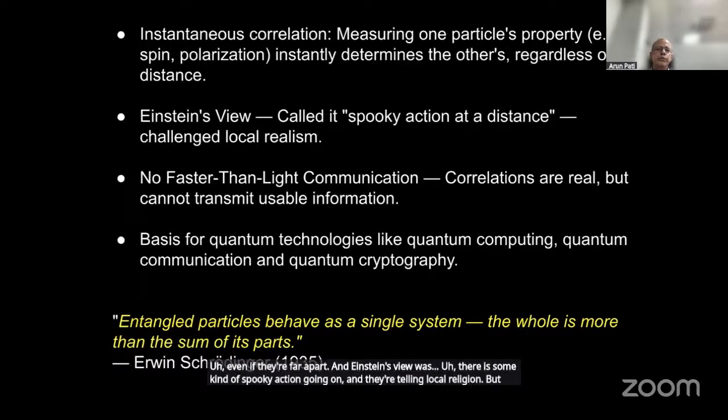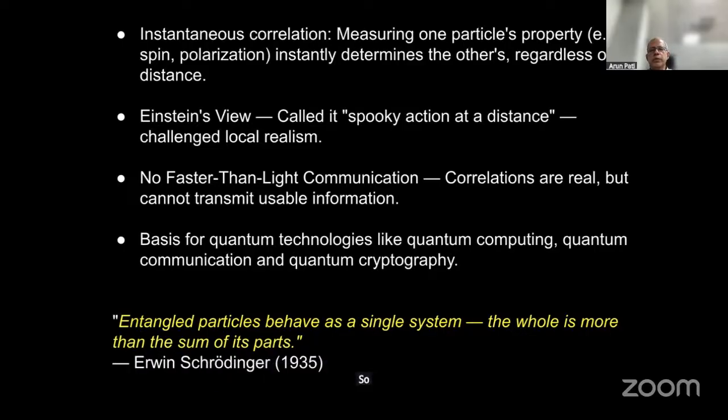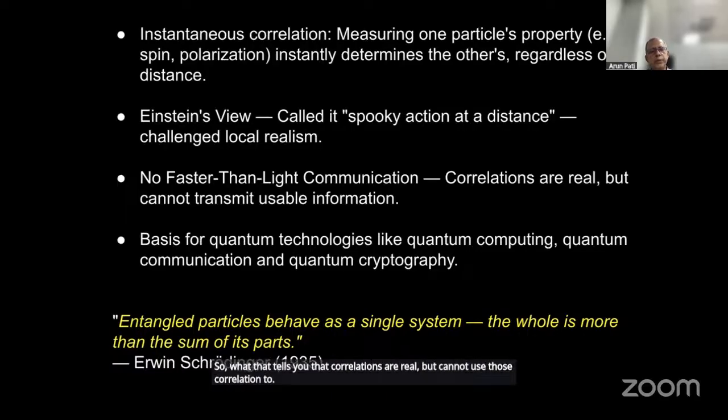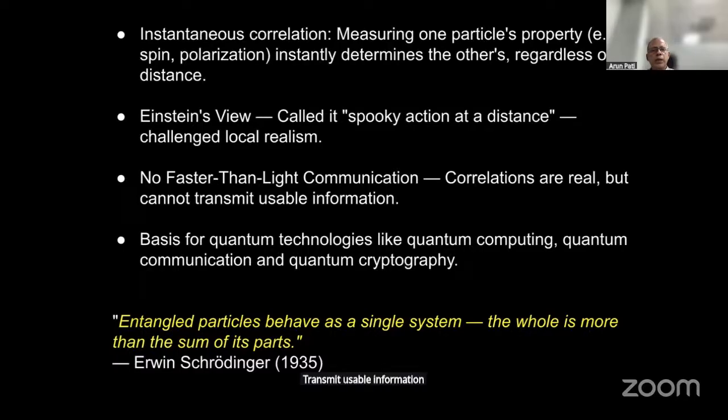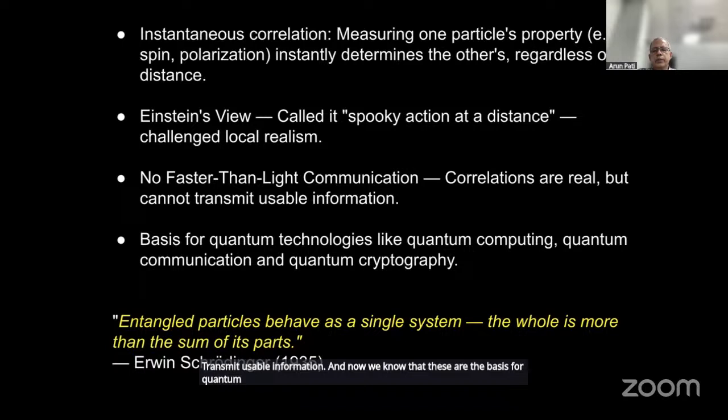But nevertheless, you will not be able to use these entangled states for faster-than-light communication. So what that tells you is that correlations are real, but you cannot use those correlations to transmit usable information. And now we know that these are the basis for quantum technology, like quantum computing, quantum communication, quantum cryptography, and many other things.